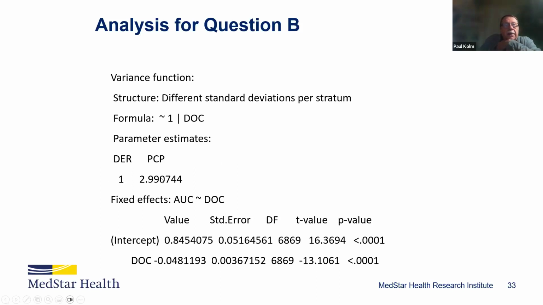And what we get then is our regression equation where the intercept is 0.845, et cetera. And then the regression coefficient for physician type is minus 0.048. So now we can calculate an average AUC for each physician type using these values.